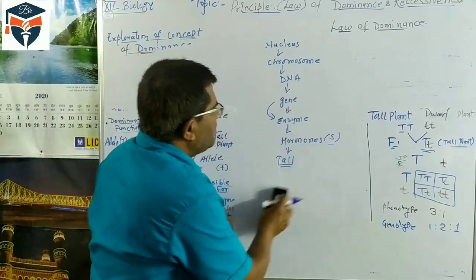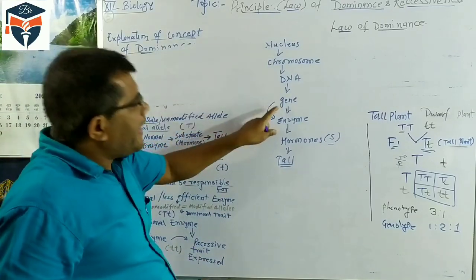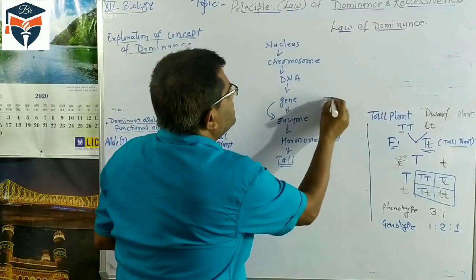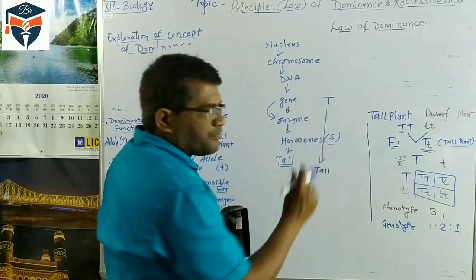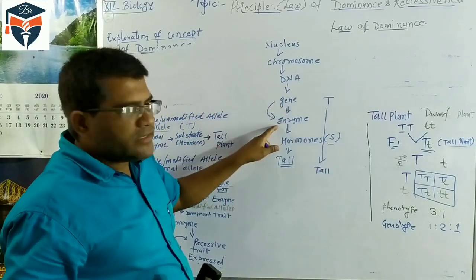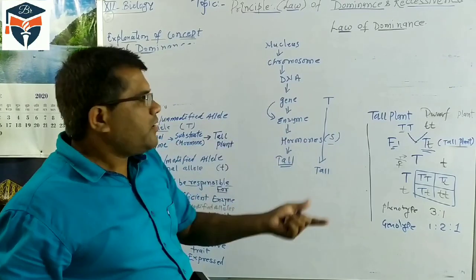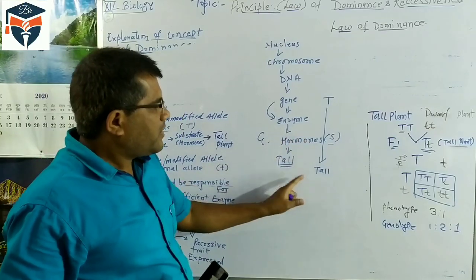Here the gene expresses the trait. Similarly, the capital T gene will form the tall plant, because capital T synthesizes an enzyme, and due to this enzyme some hormones are formed. If more growth hormones are formed, then the plant will be taller.